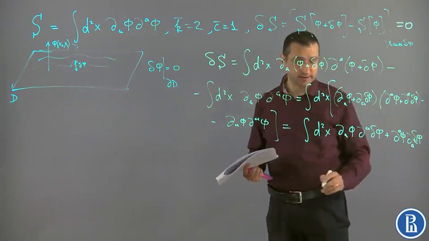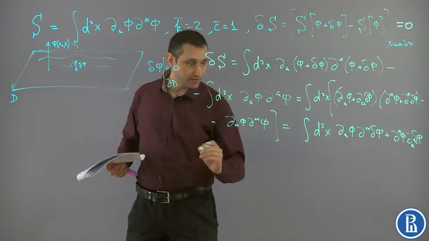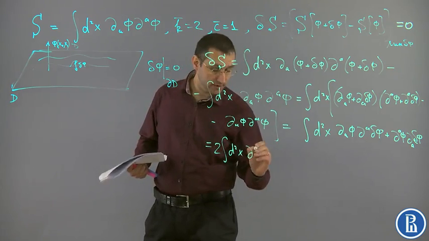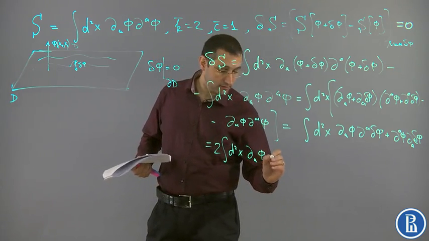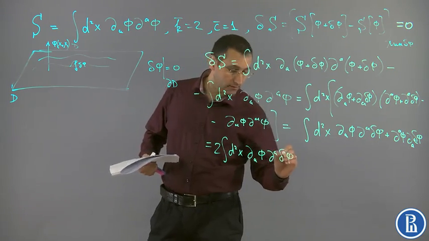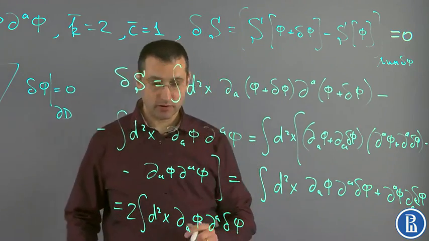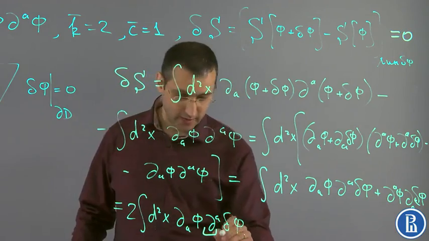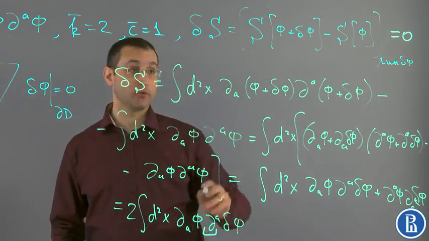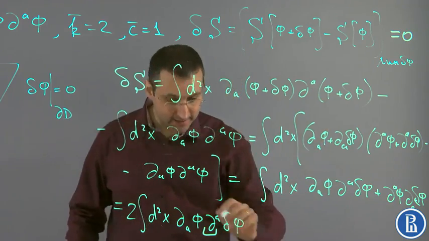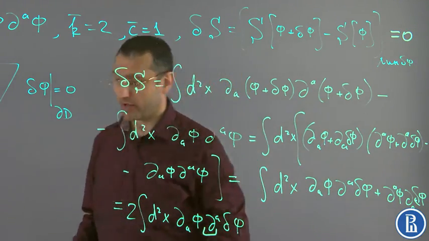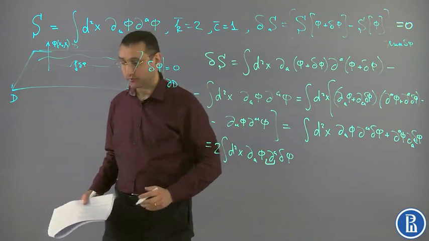But these two are equal to each other, so this is just equal to the integral d2x of 2 ∂_A phi ∂^A delta phi. Now we want to get rid of the derivative acting on delta phi, because we want to put this to be 0 for any delta phi. But how do we do that? We have to do the partial integration. Let me clarify how that should be done.